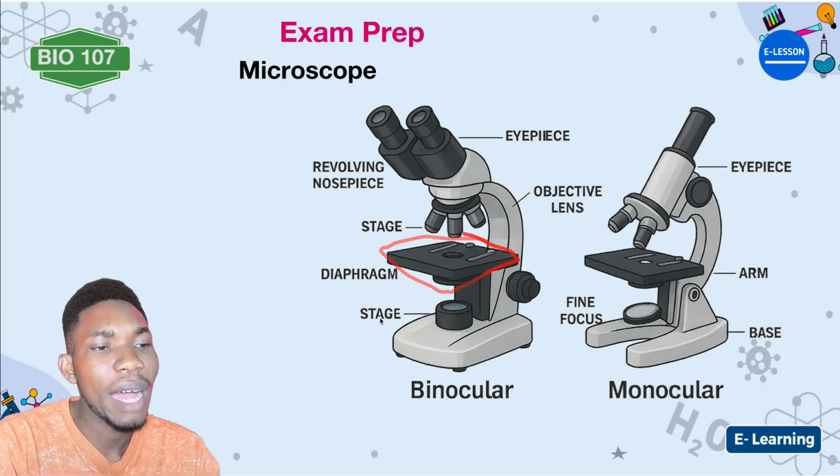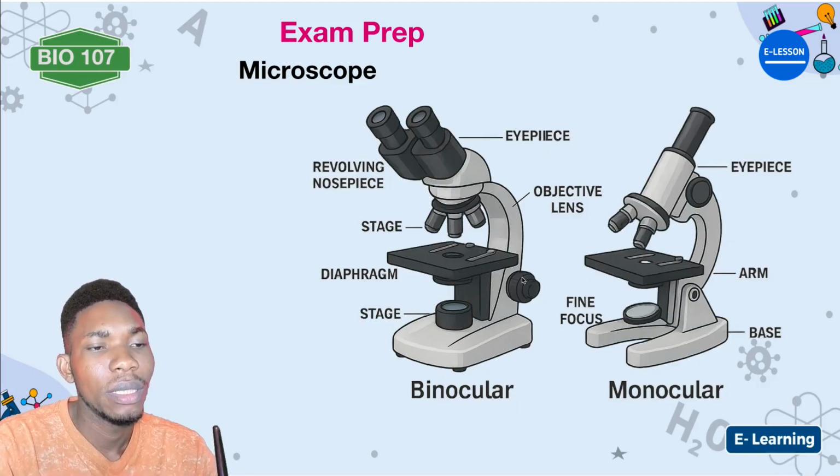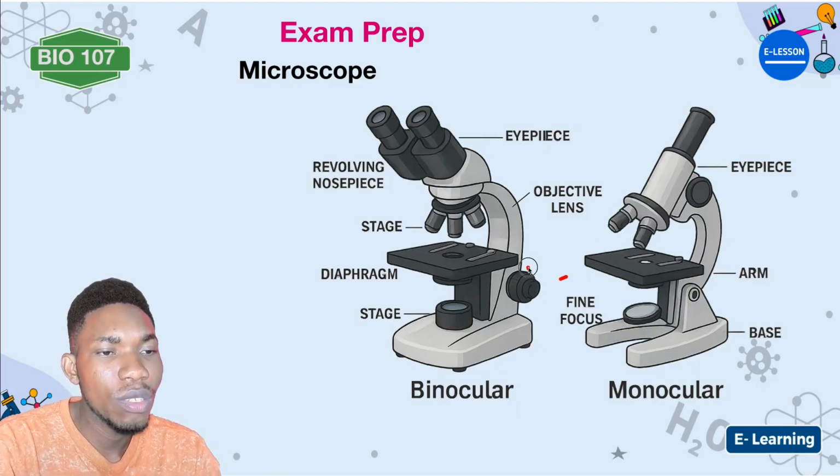Then of course we have the diaphragm, and this part here is the part where the light comes from. Now we have things that help move the stage up and down. This knob you see here helps move the stage up and down.